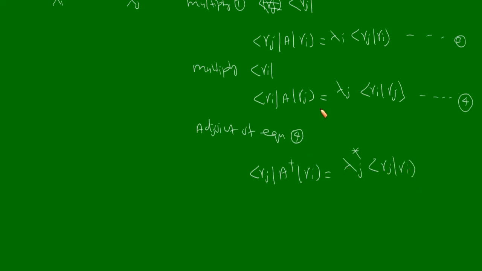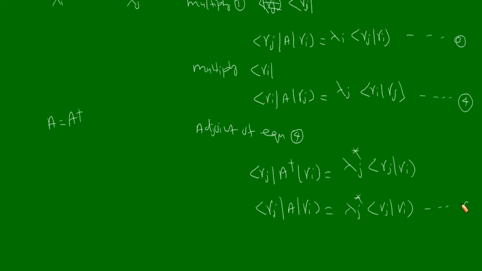So this is the adjoint of equation number 4. Okay. Now A is Hermitian. So since A is Hermitian, A dagger will be equal to A. So I can replace this A dagger by A. So this can be written as Rj A Ri is equal to lambda j star Rj Ri.